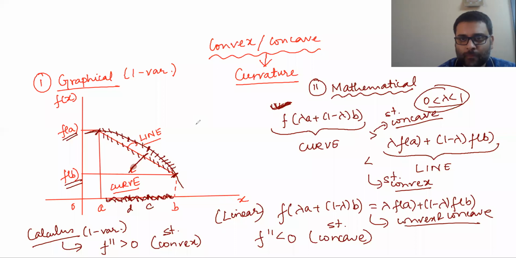To give you an example of how to see this, supposing I have f equal to x square. Now, I don't want to use the graphical approach. I don't want to use the first mathematical approach. F dash is equal to 2x. F double dash is equal to 2, which is always positive for all x.